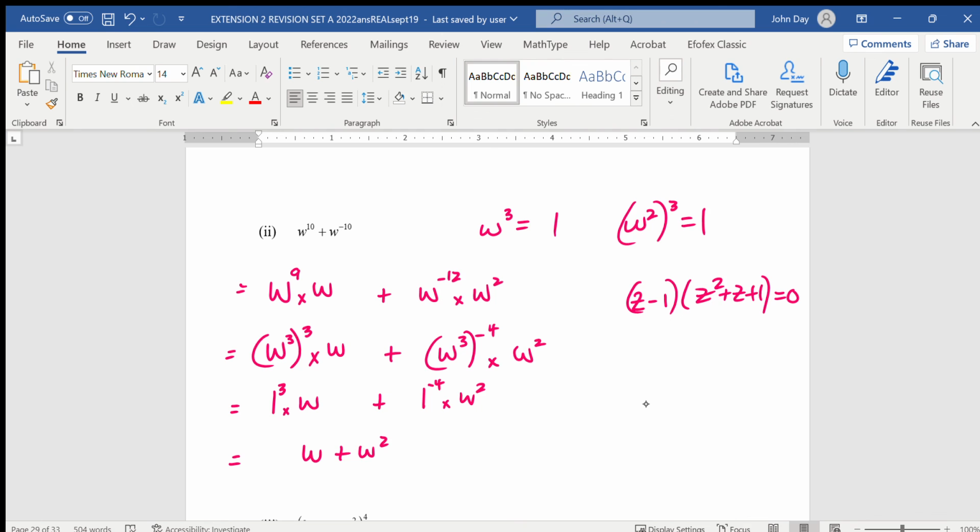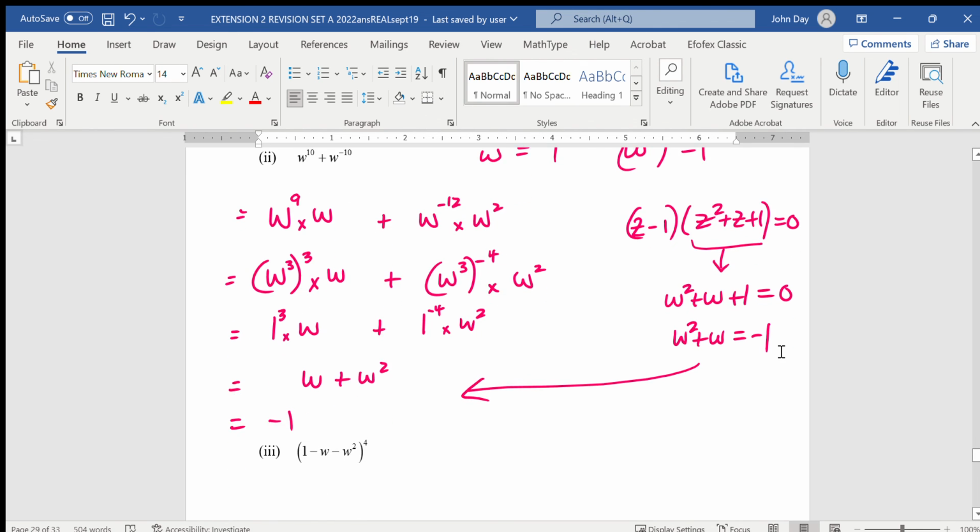So we know here that w squared plus w plus 1 equals 0. We know the sum of the roots is 0. So w squared plus w equals minus 1, right? Which is what we've got here. So that's equal to minus 1, and we get our answer there.